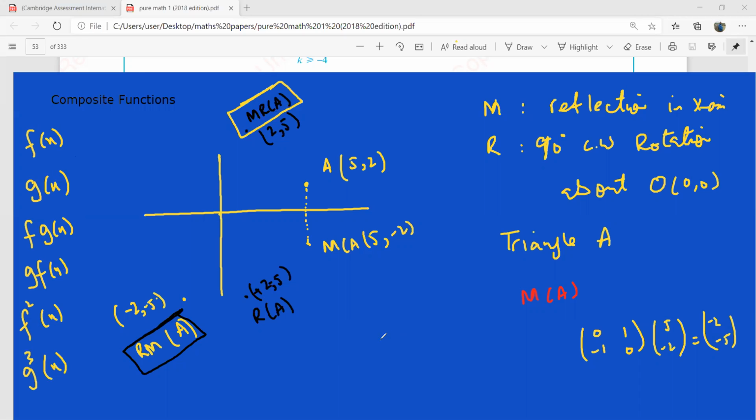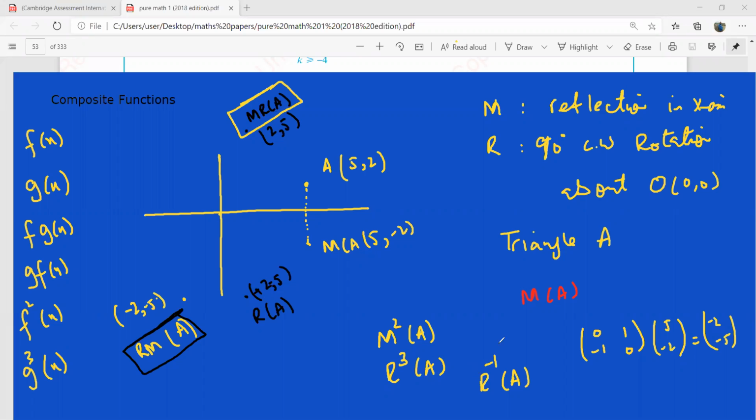Have you heard of M square of A, or R cube of A, or maybe R inverse of A? I'm purely talking in terms of these transformations, the rotations and reflections here. So are you familiar with these terms, M square of A, R cube of A, R inverse of A?